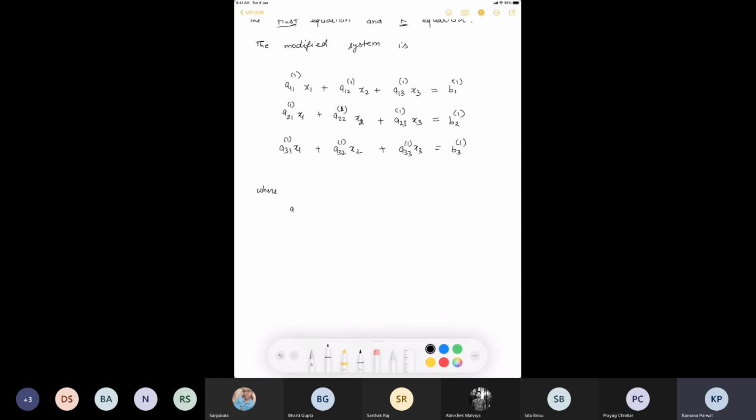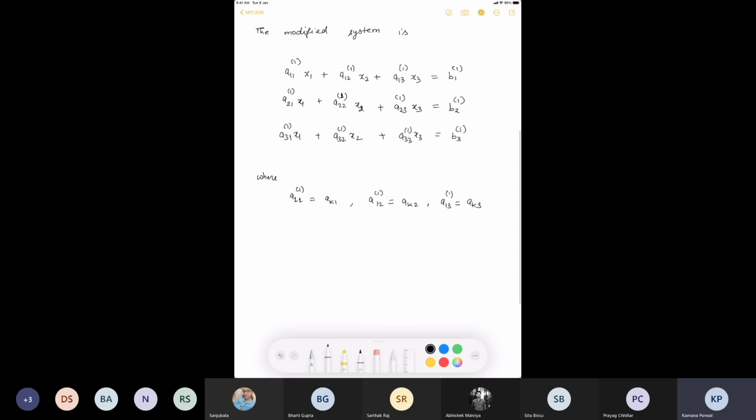So basically this new coefficient A11^1 is going to be Ak1, because I'm exchanging the kth row and the first row. A12^1 is going to be Ak2, A13^1 is going to be Ak3.